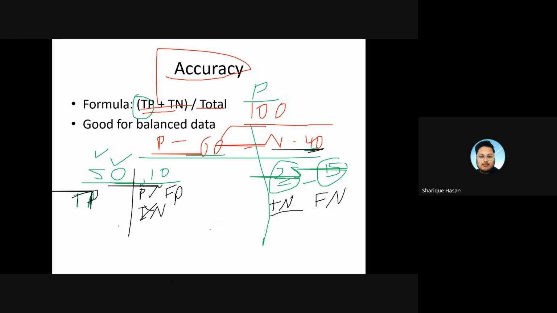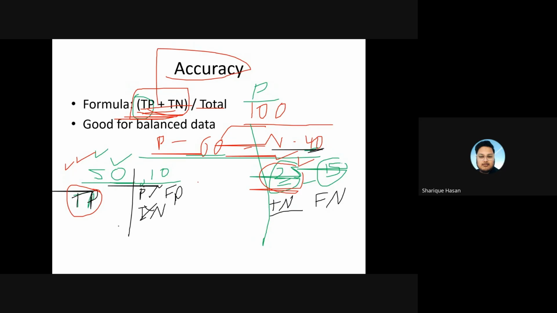We add all the truly predicted values: true positive, predicted positive and actually positive, and true negative, predicted negative and actually negative.